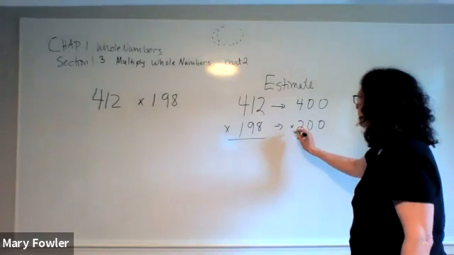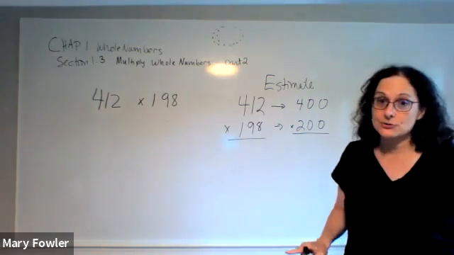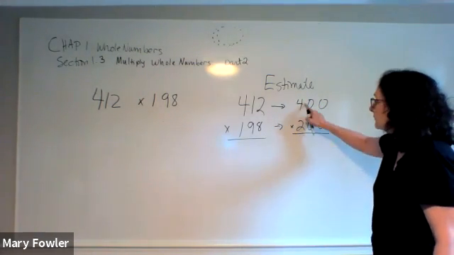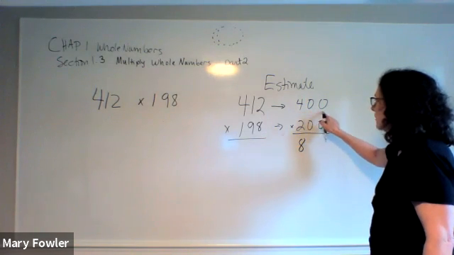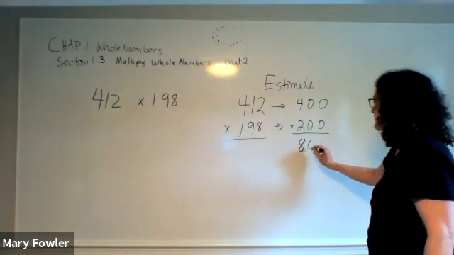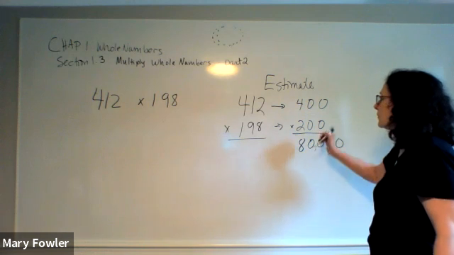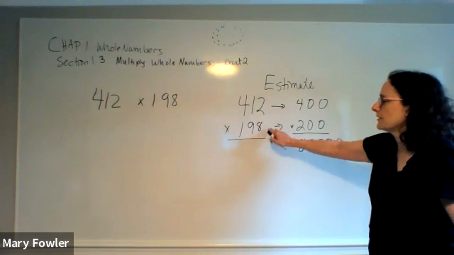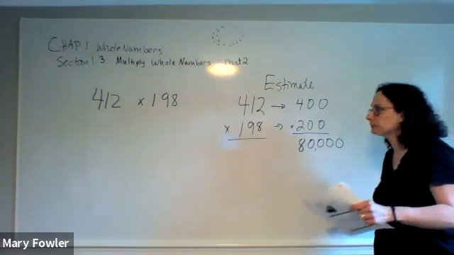And so I want to multiply these, and we had that rule, if there's a lot of zeros, then you just multiply the non-zero part and tack on the same number of zeros that you had in the problem. So in this case, it's 4. Okay, so the estimate of 412 times 198 is 80,000.